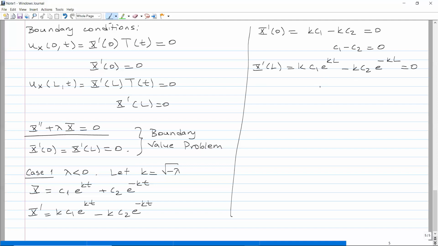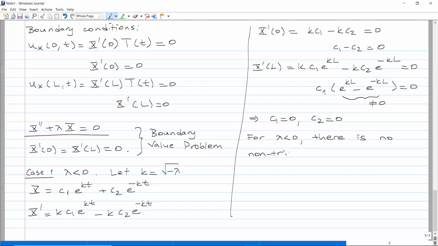So we can rewrite this as C1 times e to the kL minus e to the minus kL equal to 0. But this number is not 0, so we have C1 equal to 0, and that means C2 is 0. So for lambda less than 0, there is no non-trivial solution. The only solution we get is the 0 solution.